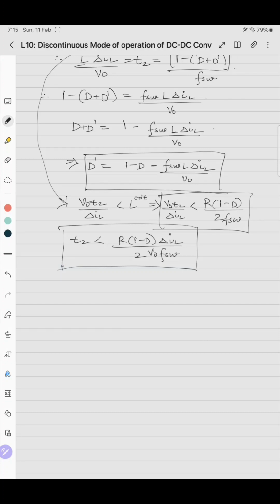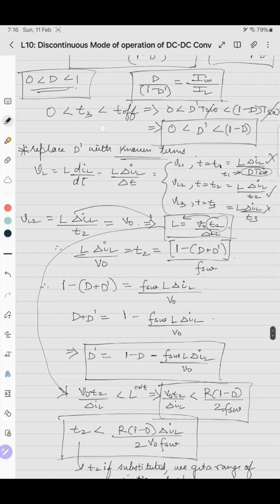Further, on substitution of T2, we get a range of variation of D dash, which we want to find.